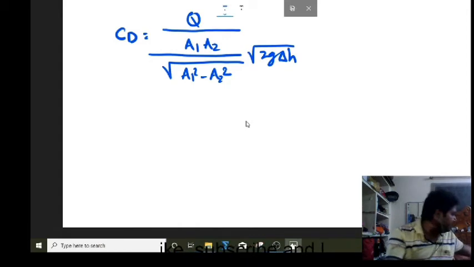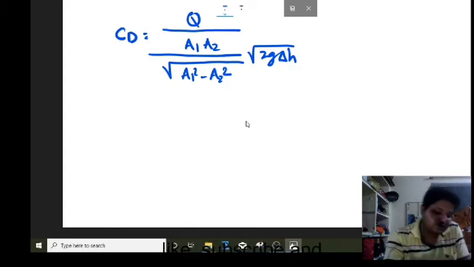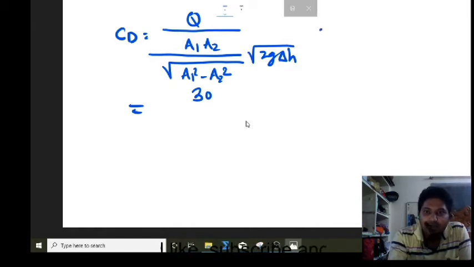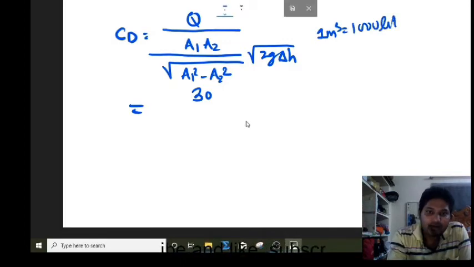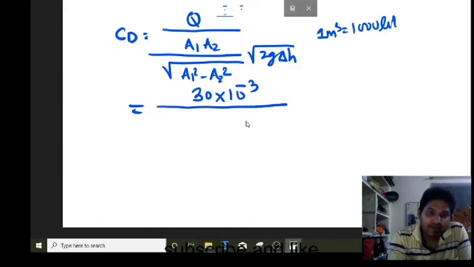Let me see how much it is coming. Now if you solve this, the 30 liter per second, converted into meter cube per second, since 1 meter cube is 1000 liter, is 30 into 10 to the power minus 3.